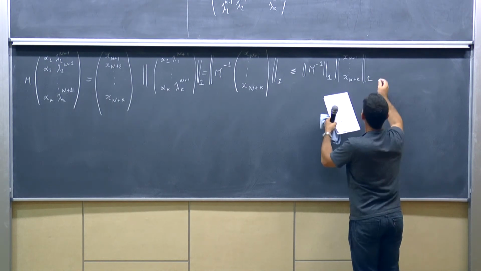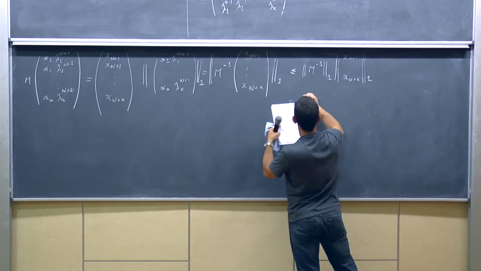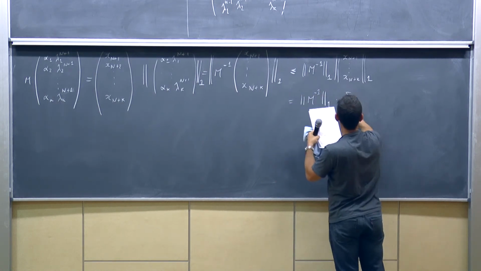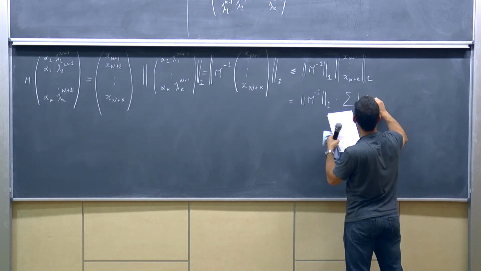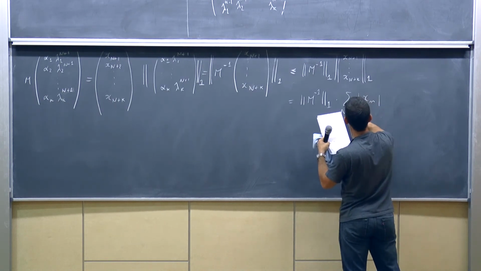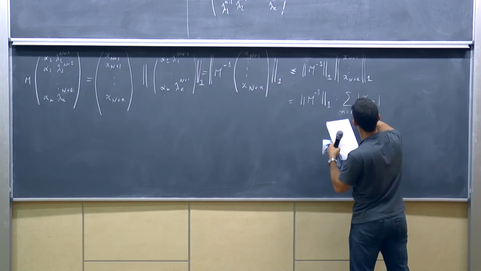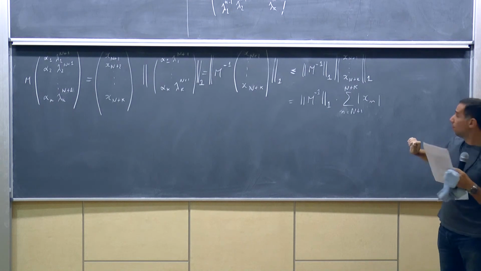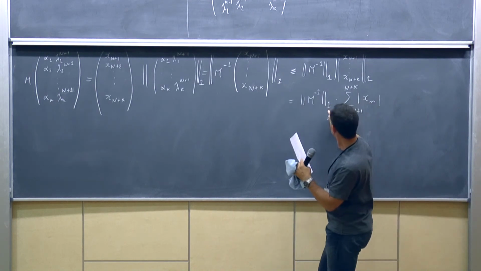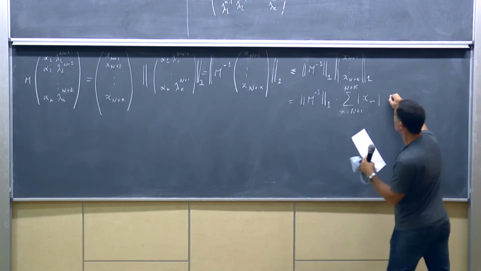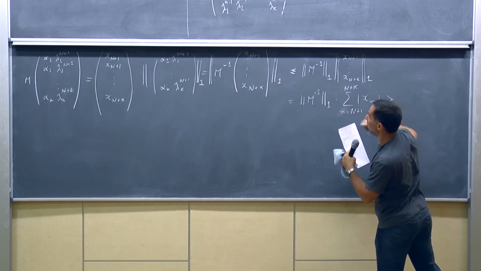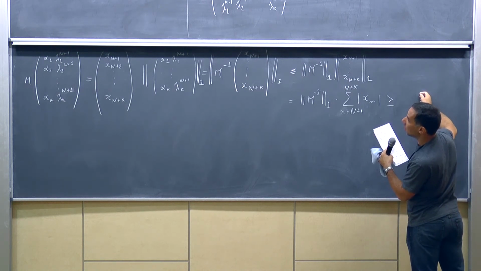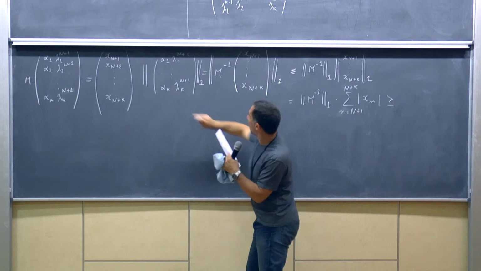And this is, of course, equal to the one norm of M times the summation of the absolute value of x n for little n equals n plus 1 to n plus k, by definition of the one norm, yeah? So this expression is bigger than this. I'm just rewriting it here. It's bigger than or equal to the one norm of that.